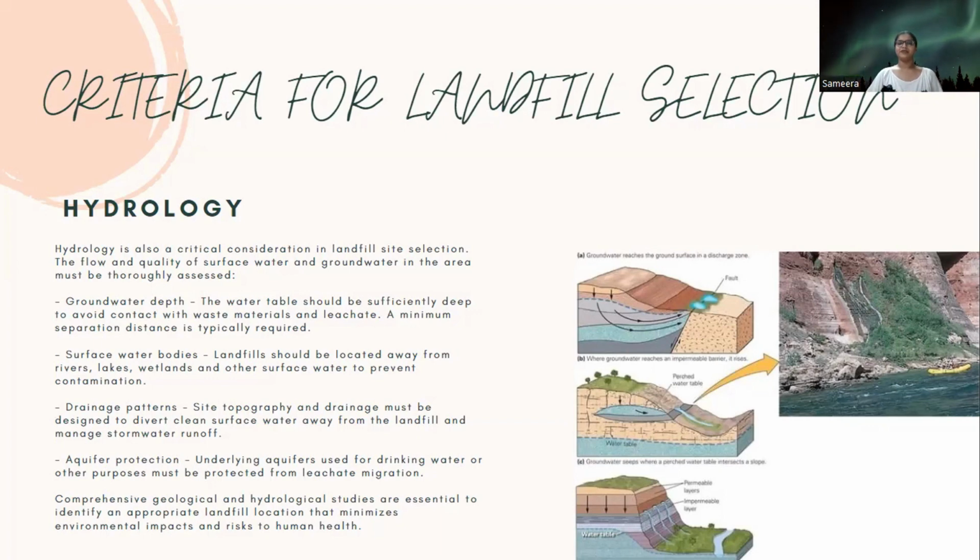Site topography and drainage must be designed to divert clean surface water away from the landfill and manage stormwater runoff. Aquifer protection. Underlying aquifers used for drinking water or other purposes must be protected from leachate migration. Comprehensive geological and hydrological studies are essential to identify an appropriate landfill location that minimizes the environmental impact and risks to human health.